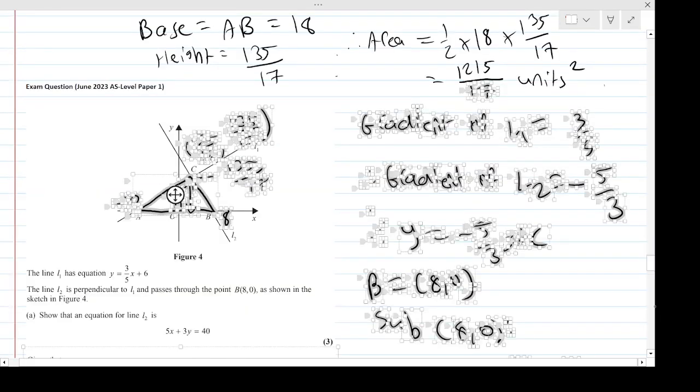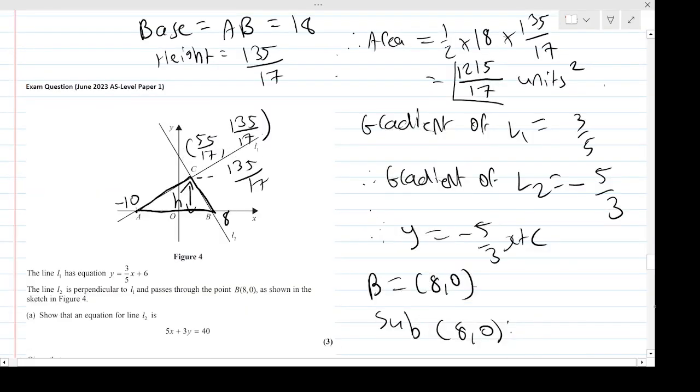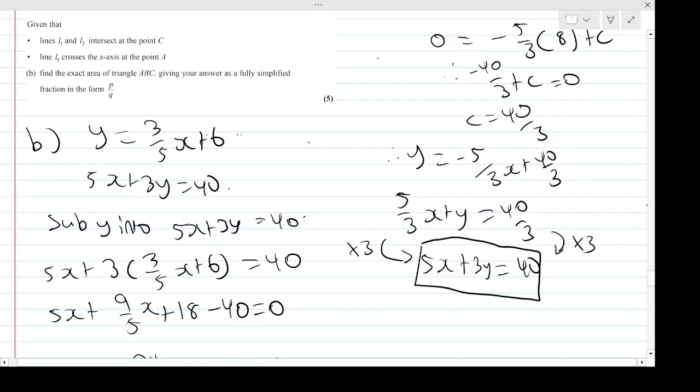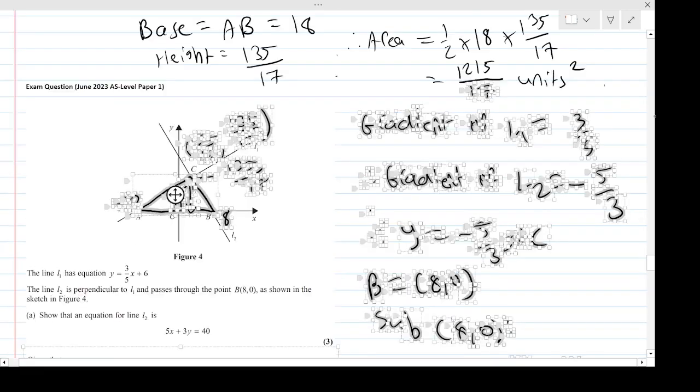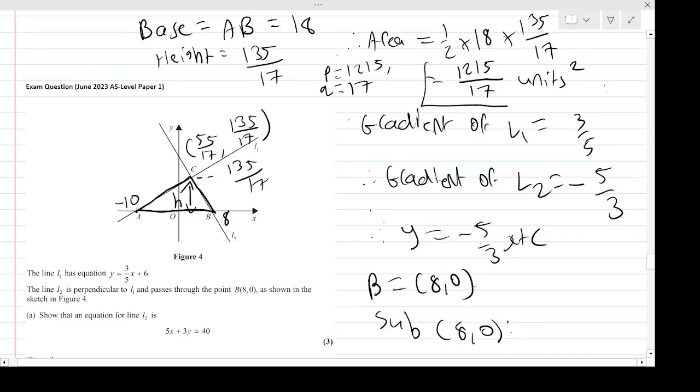So I cannot simplify 1215 over 17 anymore. So that's the final answer. If I compare it with this, P is the top number, but Q is the bottom. So if I compare my answer, P would be 1215 and Q would be 17. There we are. Good stuff.